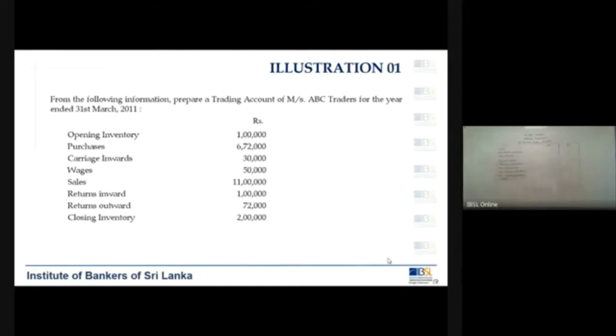That is sales return. So if return inwards is sales return, what is return outwards? Purchase returns. That is purchase return. And the last one, closing inventory. Okay, closing inventory.